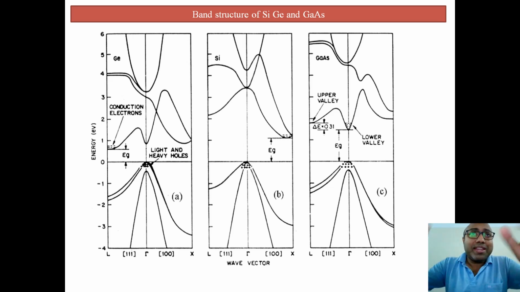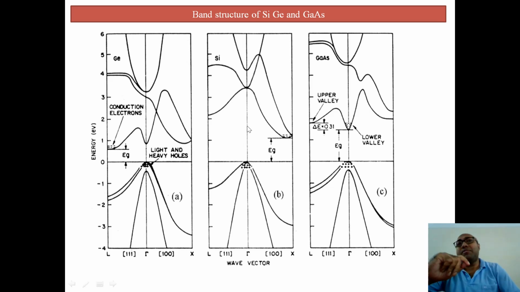We get that expression. Now the question is, just look at this complicated band structure. This is the germanium band structure, this is the silicon band structure, and this is the gallium arsenide band structure. You know that these are all well-known semiconductors in the history of semiconductor devices.